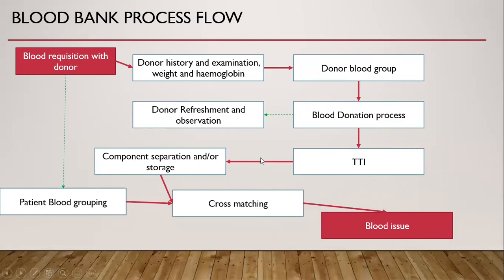By using this flow diagram, we were able to identify the various rooms required, the space requirement, the number of manpower required, and the expertise of manpower. For example, in the donor history and examination stage, we need an MBBS person or a medical person. And for identification of transfusion transmitted infections, we need a laboratory technical expert.